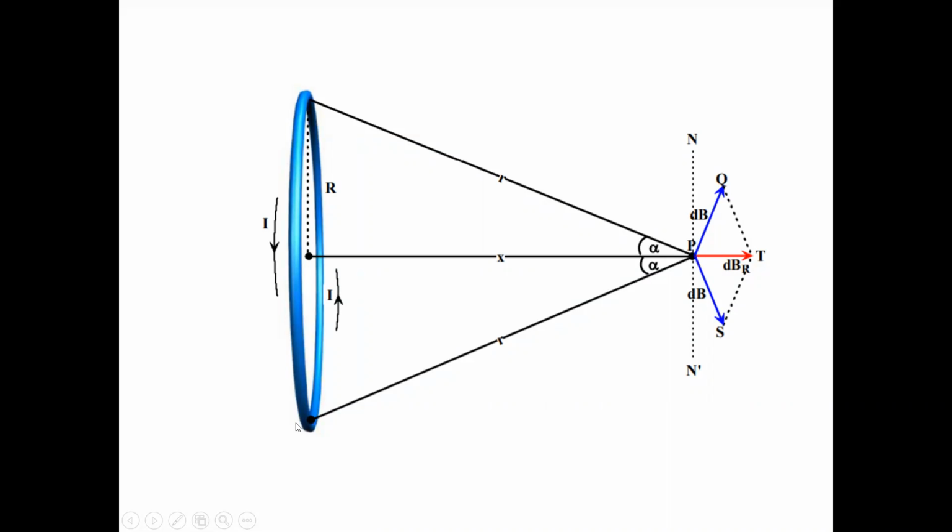Similarly, due to the bottom small length dl, the magnetic field at P is along PS.